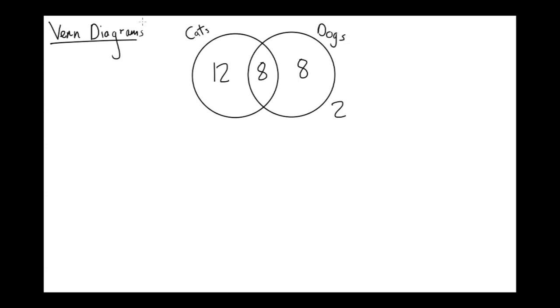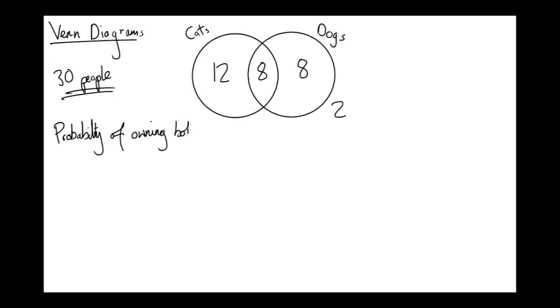So all the information we've got here is represented. 30 people in total, remember, and this Venn diagram is showing us the information about the pets they own. So if I was to ask you, what's the probability of one of these people owning both a cat and a dog? You can use this diagram to work it out.